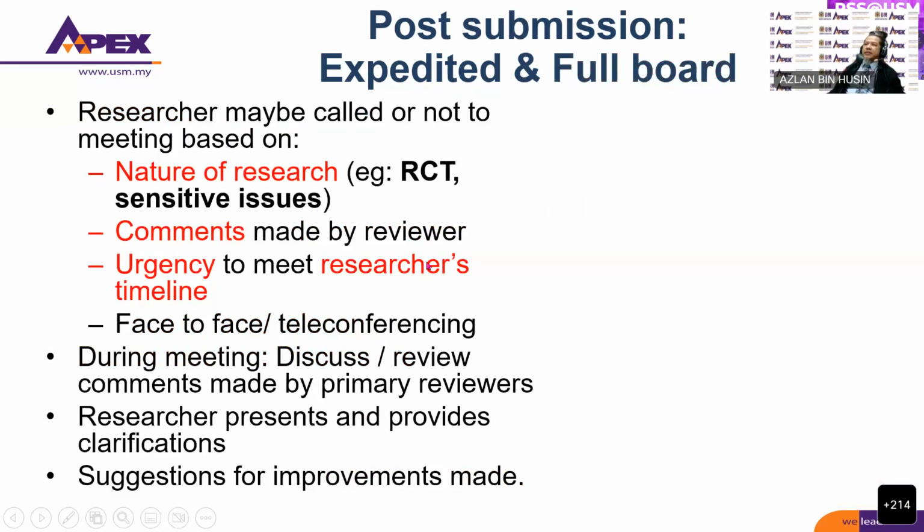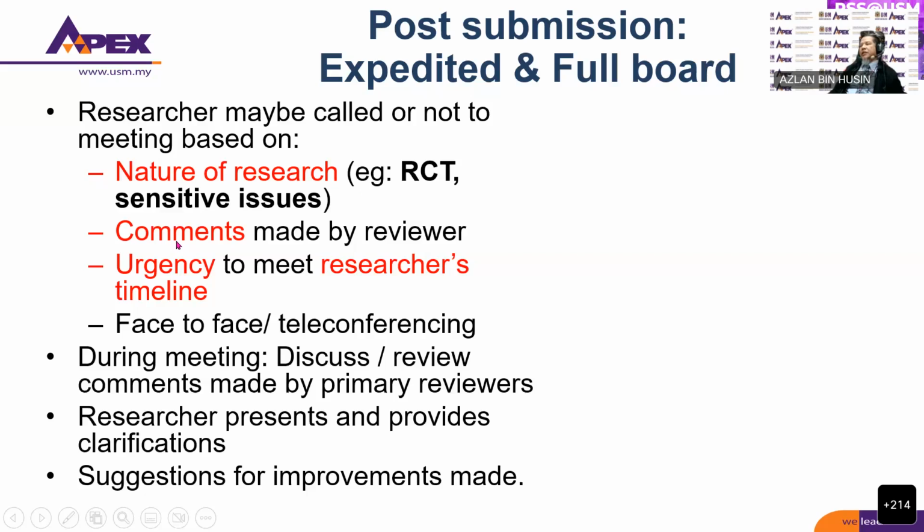So the researcher may or may not be called to the meeting. It is not because of the person itself, but according to the research proposal: whether it involves a sensitive issue, whether it is a randomized control trial, whether it is an intervention or not, and depending on the comments made by the reviewers.